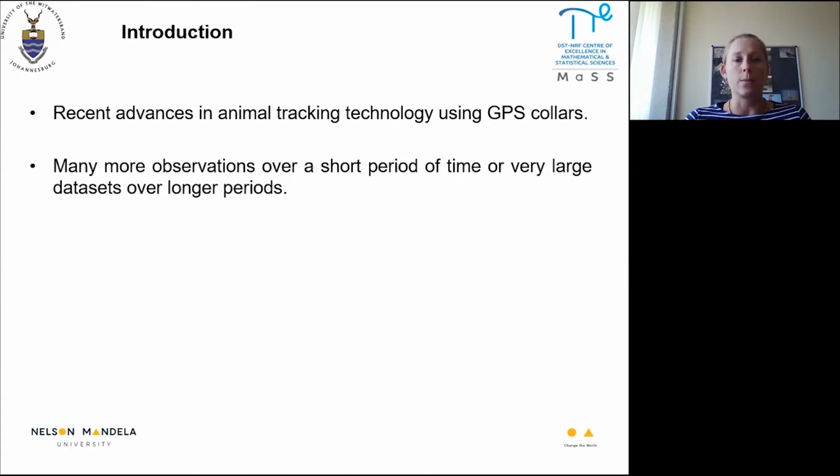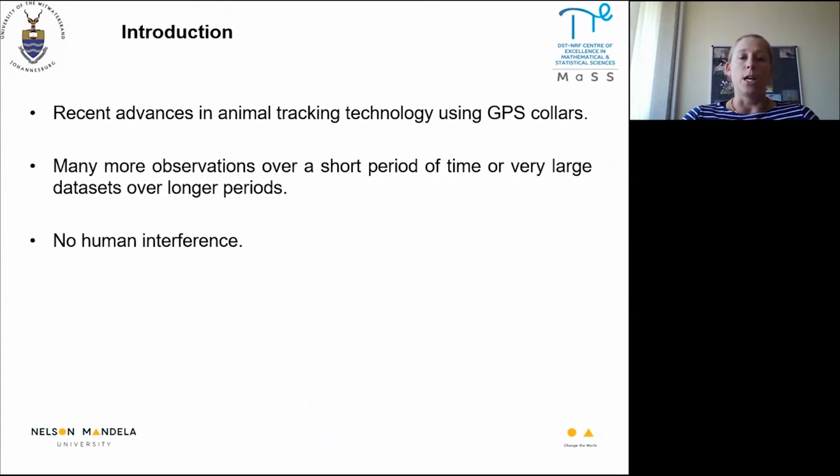To give you an idea, with some of the data that I've worked with recently, it was collected for a lion at 5-minute intervals, so very, very short time period, getting a whole lot of data. And others where collars have been recording at about every hour. The data sets span about 2 to 3 years worth of locations.